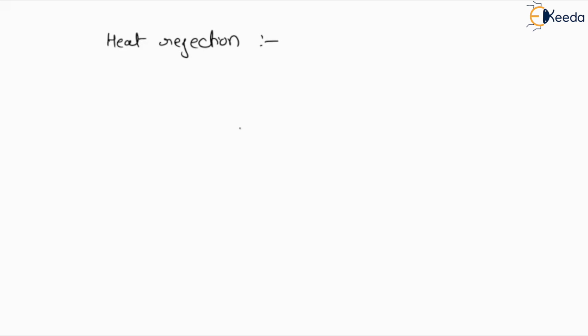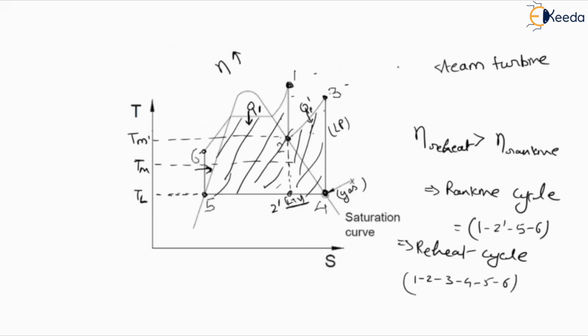So heat rejection value for the Rankine cycle, suppose if we are defining Q2 for the Rankine cycle, this is the heat rejection. So it will be defined as what? H2 dash minus H5. But if we talk about the reheat cycle, it will be H4 minus H5, which is greater.